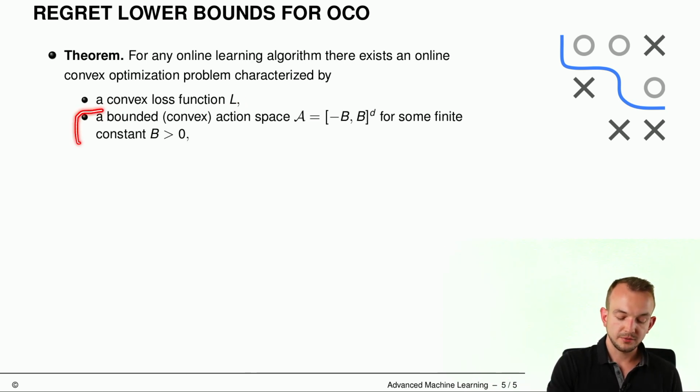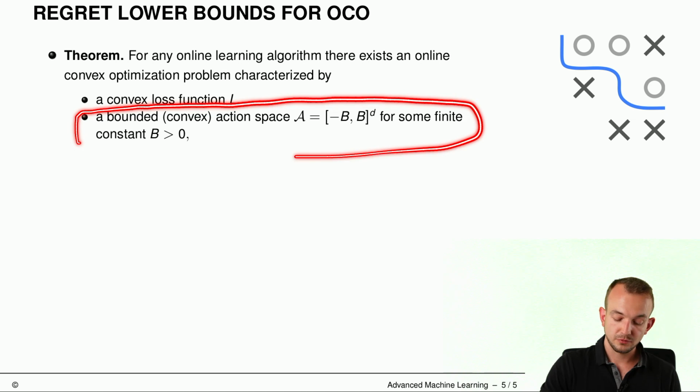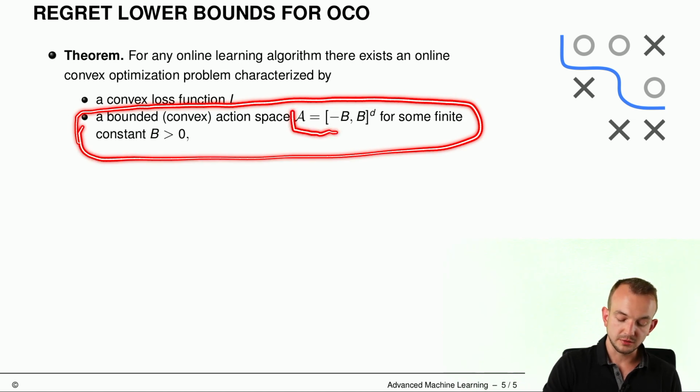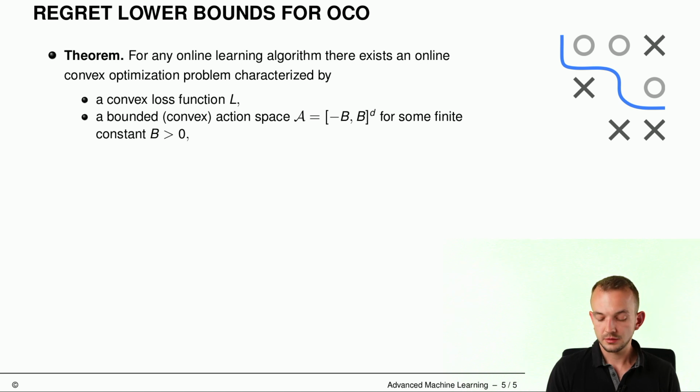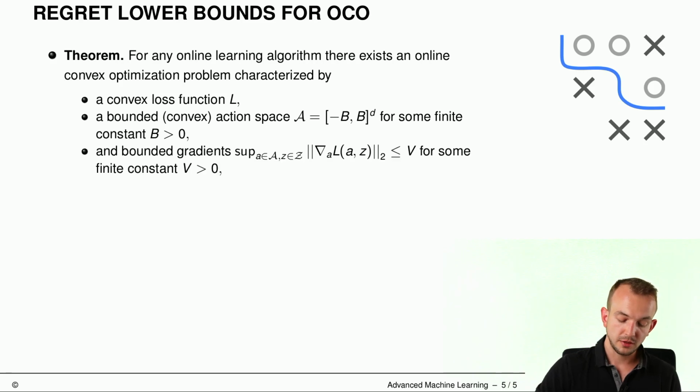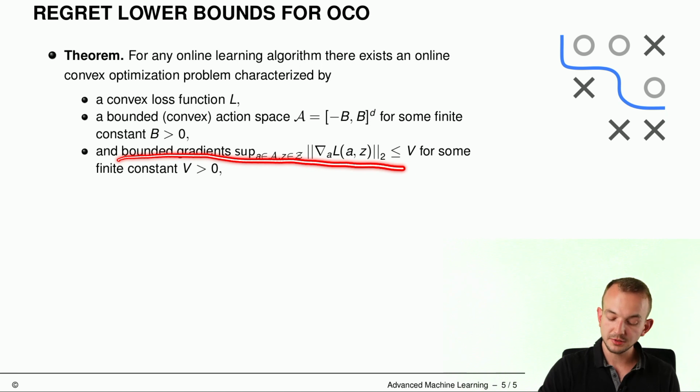You can construct an action space. For instance, you can simply use here this rectangle or this cube with length 2b in each dimension for some constant b, and where the gradients will be bounded.